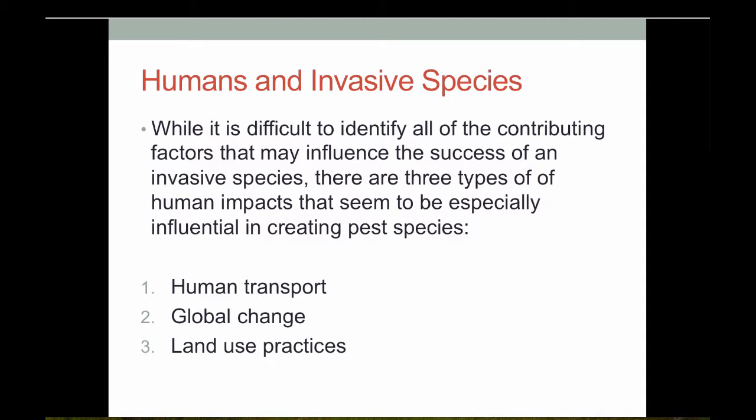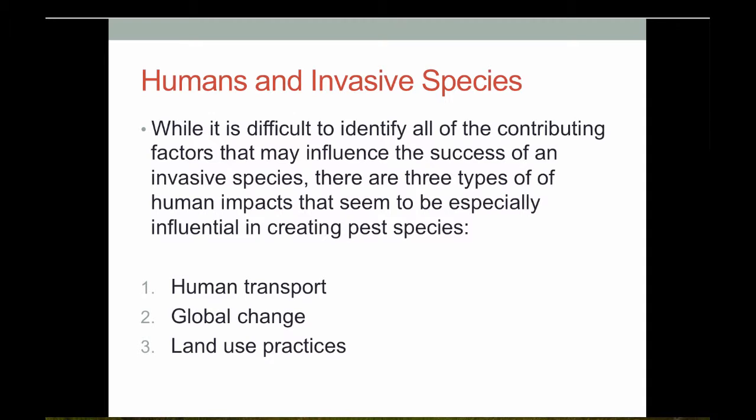So in terms of human transport, the movement of plants and animals across continents, really in the global marketplace, has resulted in the introduction of species to areas that these species never have previously inhabited.